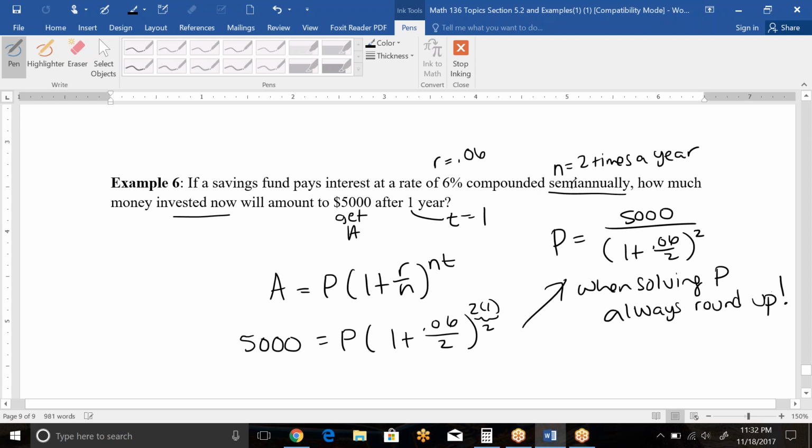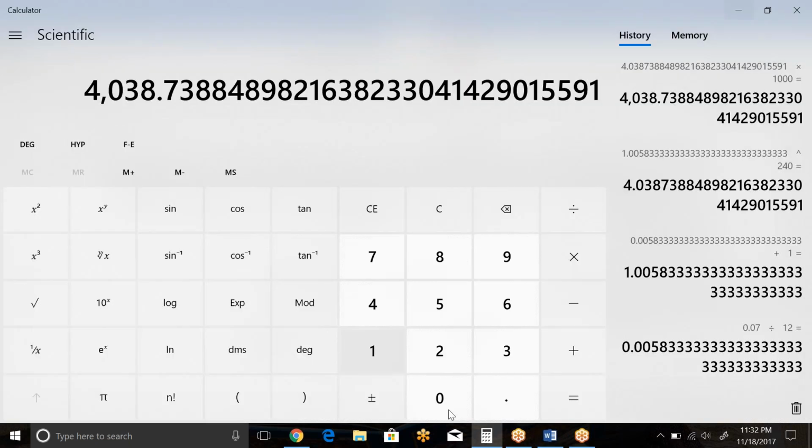So if they tell you to round up to the nearest dollar, round up to the nearest dollar, whether or not the 0.4 or 0.6 or whatever follows it. If it's nearest cent, round up to the nearest cent, no matter if it rounds up naturally or not. The reason for that is you are trying to figure out what to start with to reach a goal. If you round down, you're going to fall short of the goal. So let's type this in and see what we get.